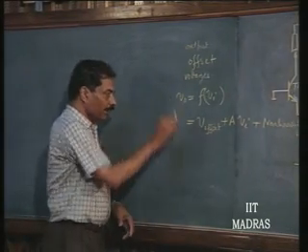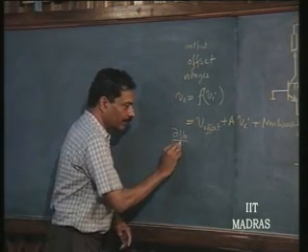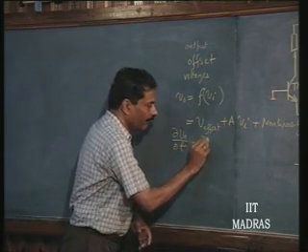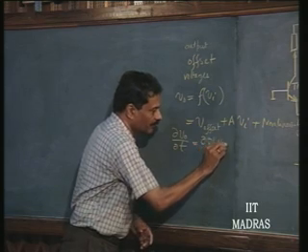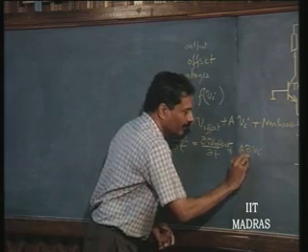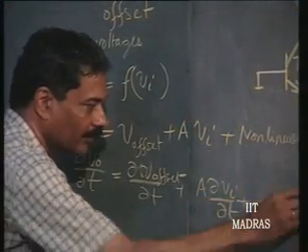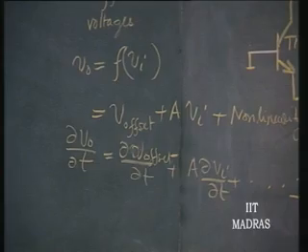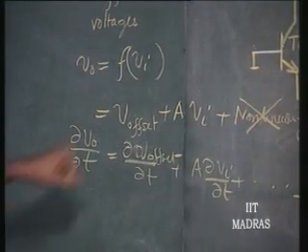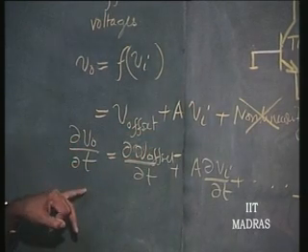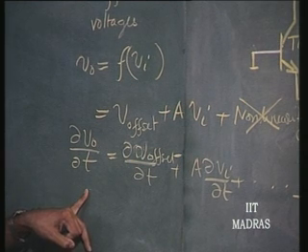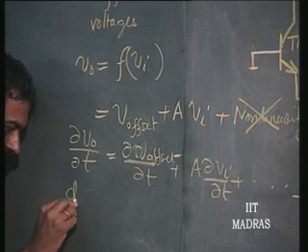Because delta V naught by delta T is going to be delta V offset by delta T. Obviously, it will also depend upon delta VI by delta T etc. This has been made 0. We are discussing the situation where these two exist. In such a situation, delta V naught by delta T is called what? This is the drift.